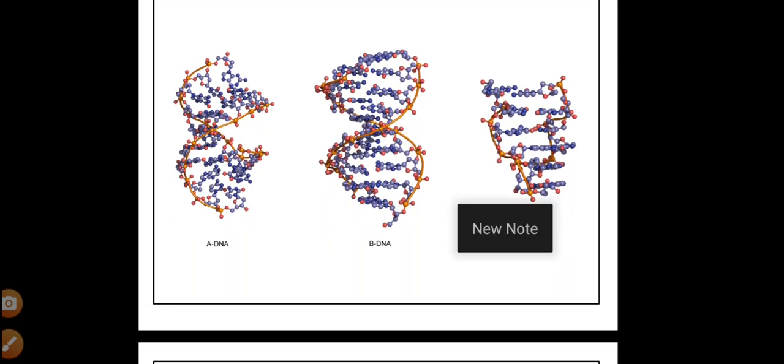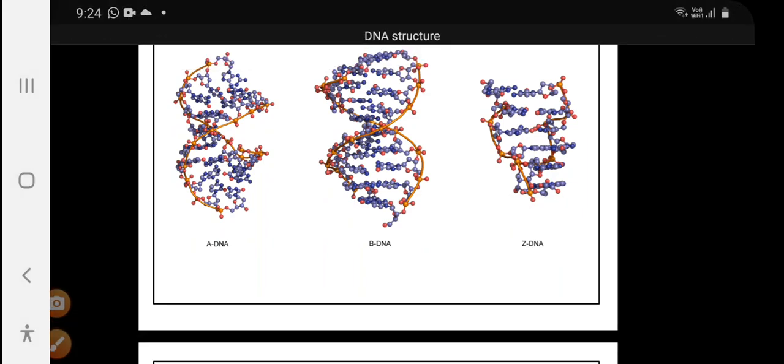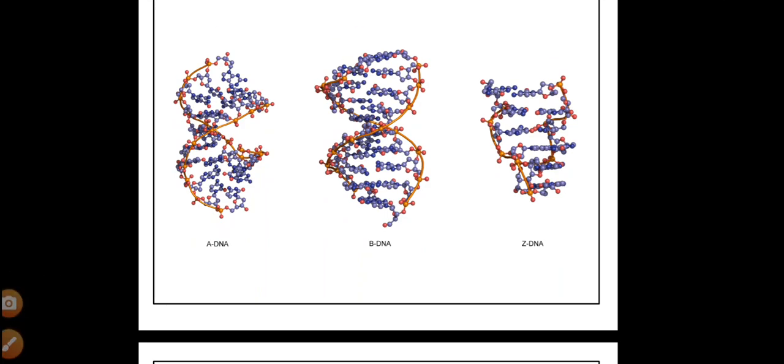And there are 5 types of DNAs. Okay, A, B, C, D, E, and Z. Okay, and the most familiar DNA forms are only 3: A, B, and Z DNA.